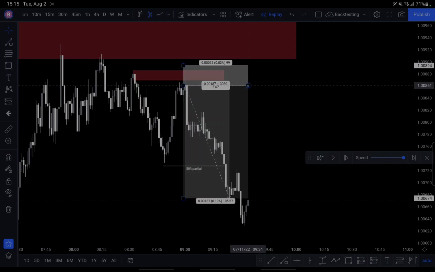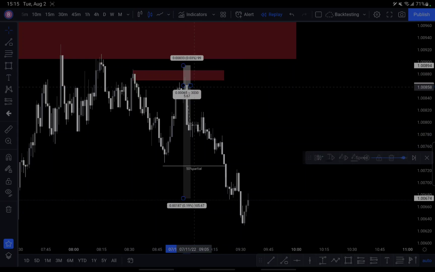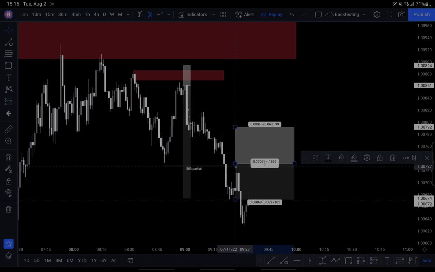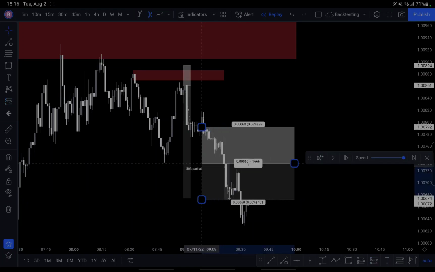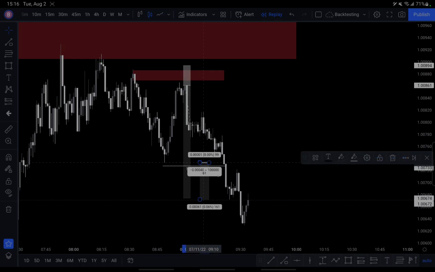So now, okay, we'll keep this order short like this. Okay, I'll just place a new one just so we can have the screenshot. Okay, so do this one here. All right, stop loss at break even.